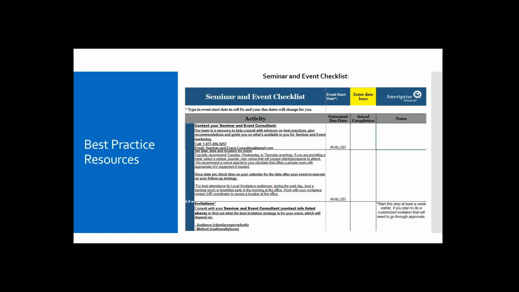If you're planning a lot of events in one year, it's good practice to have one of these for each of those events, in a place, whether it's electronic or printed, for you to see on a regular basis, to hold yourself and your marketing team accountable to the estimated due dates. You'll notice if you have events that are within a short period of time of one another, you're going to need to do some of these activities at the same time, because there are things that are done up to 2 months in advance.